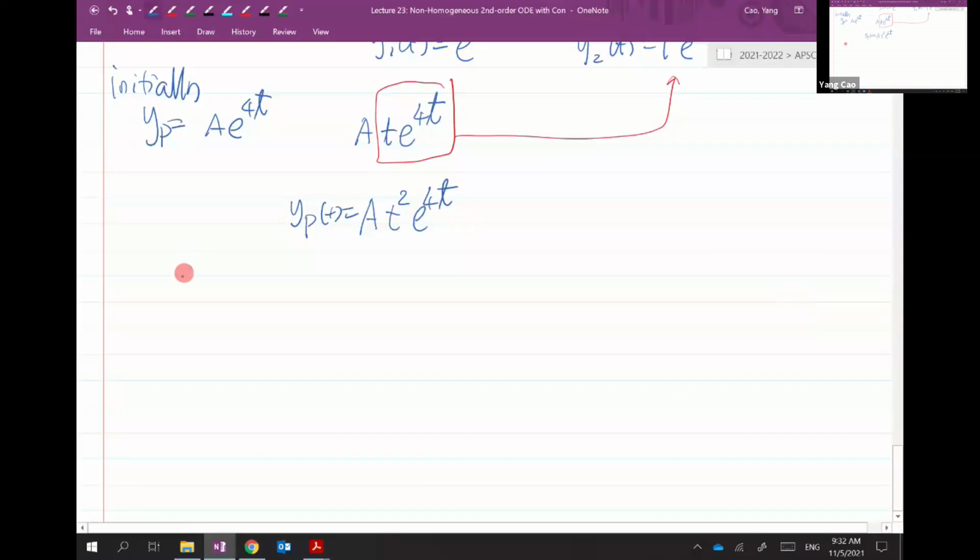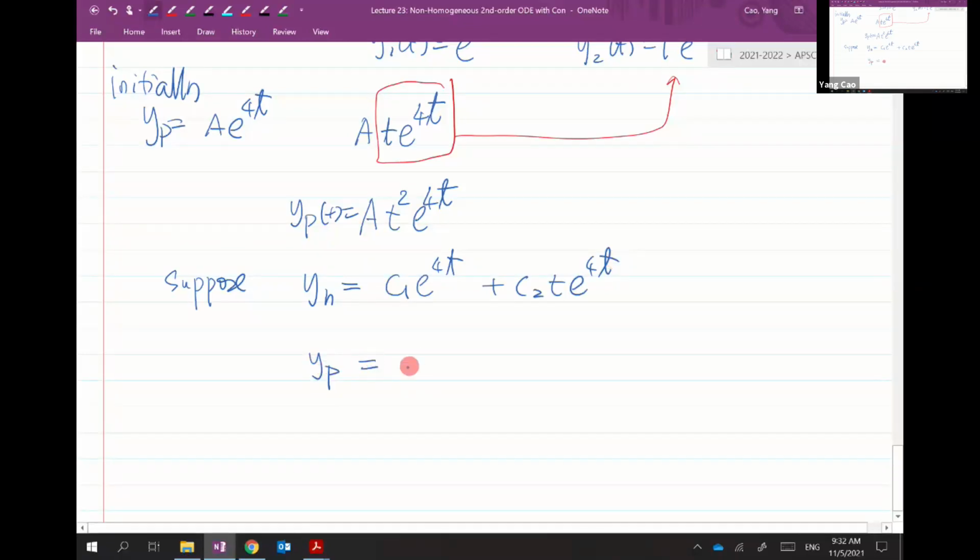So let's just suppose your yh is c1 e to the power 4t and then c2 t e to the power 4t. Let's suppose this is your yh. Okay. And then your initial choice yp is this. So if you don't do anything at all, if you compare these two here, would you call yp actually a particular solution?